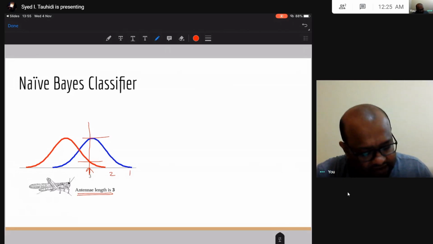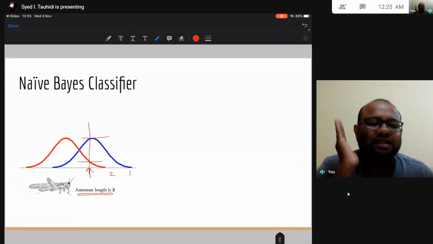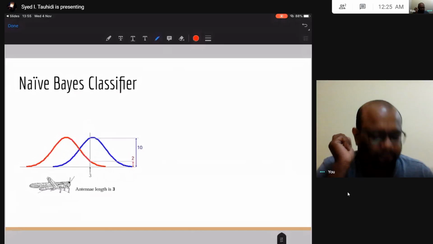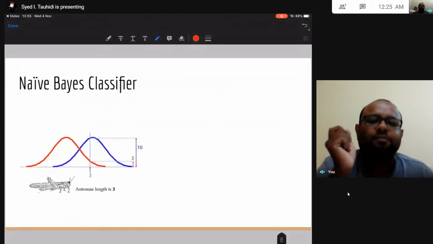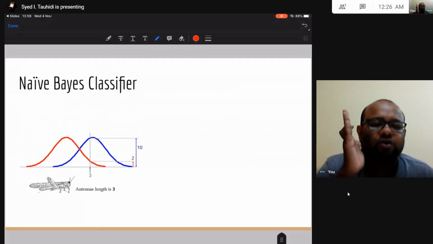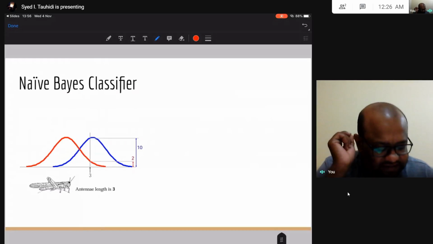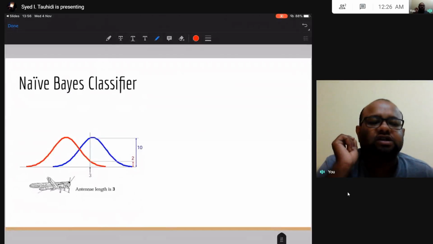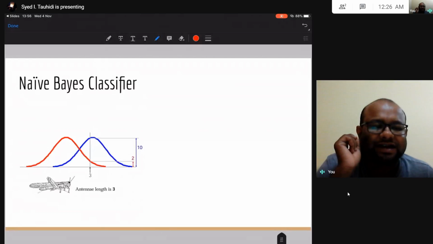I see that at antenna length equal to 3, if I draw a perpendicular line, it intersects the red normal curve, corresponding to katydids, at 2, and the blue curve, which corresponds to grasshoppers, at 10.